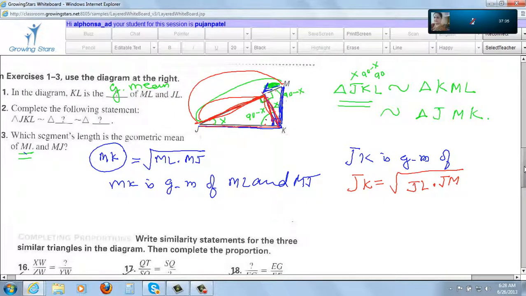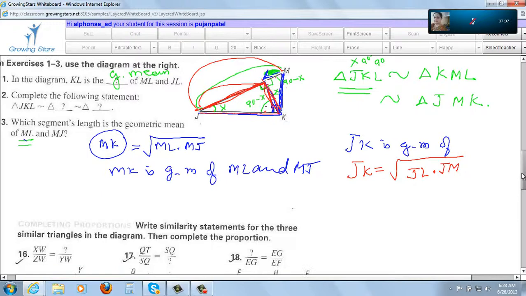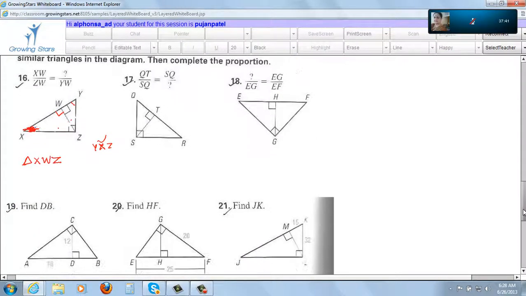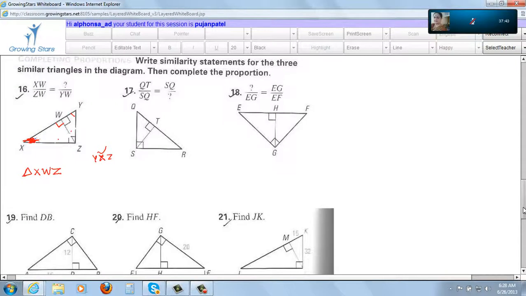So you can put X there. Then W of this triangle is 90. So of YXZ, the 90-degree triangle, the Z angle is 90 degrees, isn't it? So here you'll get Z, and then of course Y will be the third vertex.